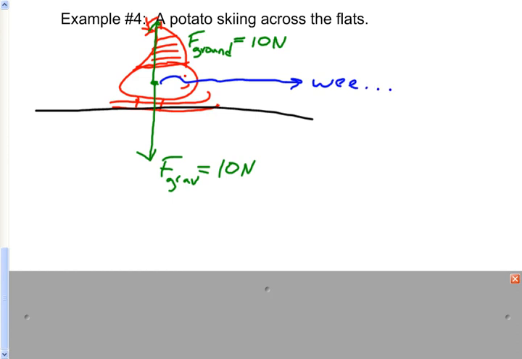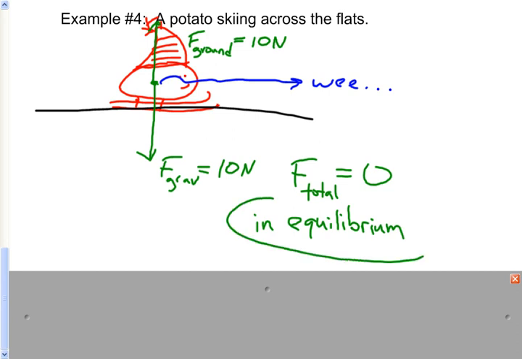But the forces acting on it are just vertical forces. And again, the total force equals 0. So again, our little spud is in equilibrium. Okay, check out Newton's laws for what happens when things are in equilibrium, in particular Newton's first law.